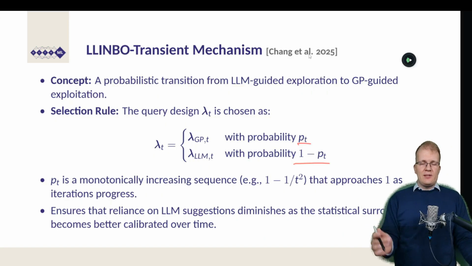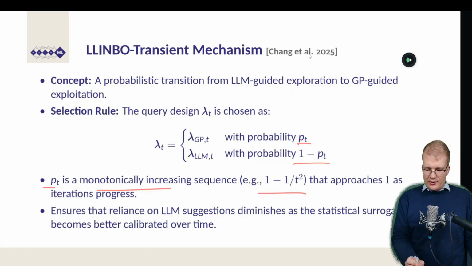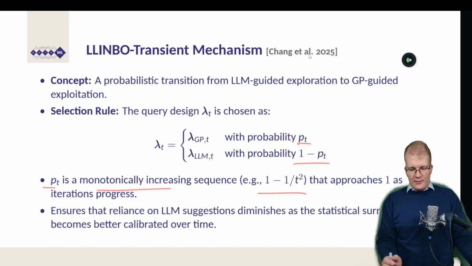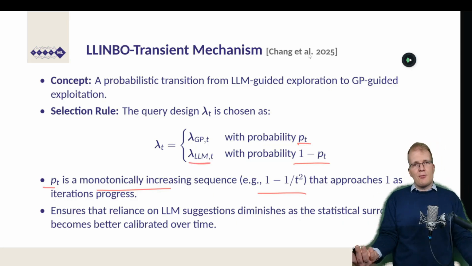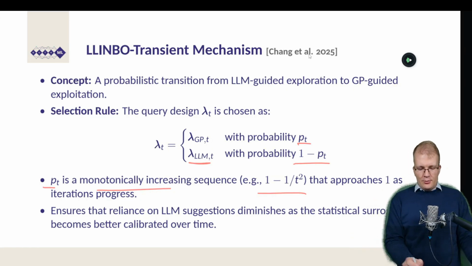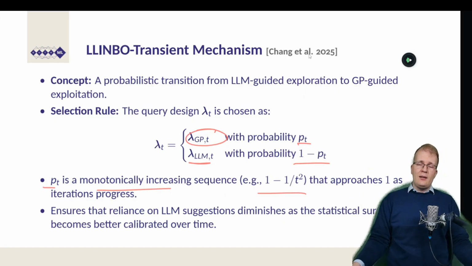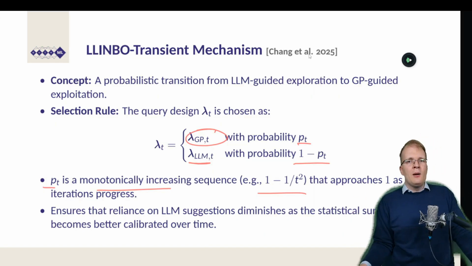The important thing is that PT is monotonically increasing with a certain schedule, approaching 1 in later iterations. So the idea is we start early on more with the large language model, which has a higher probability, and over time the probability goes more and more to the GP, because then the GP has seen more data, should be more trustworthy, maybe more efficient in what it's doing, and therefore we go with the GP more and more over time.